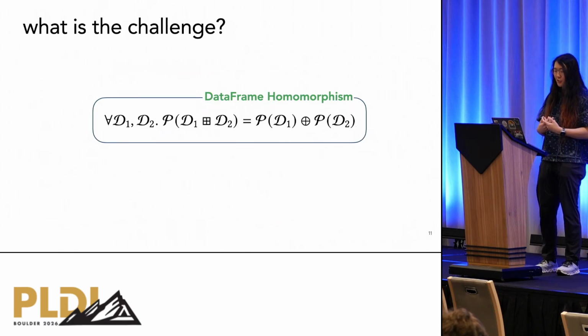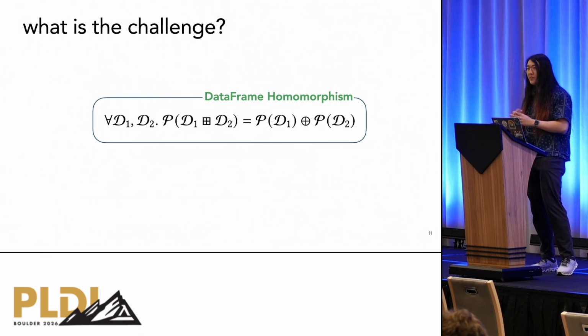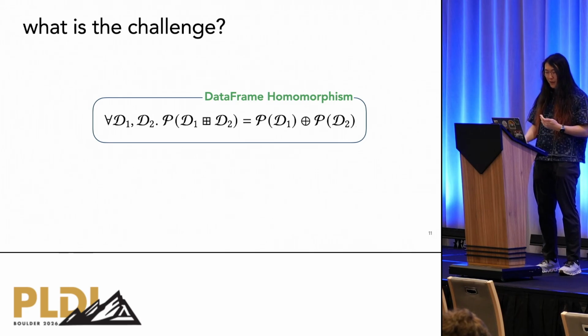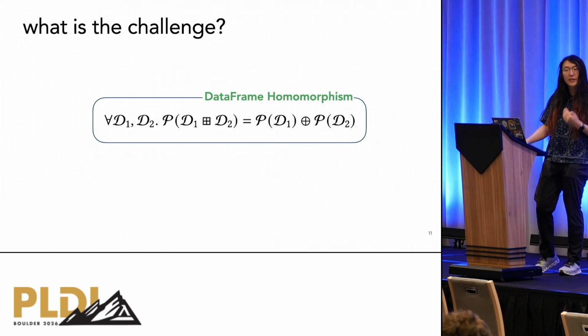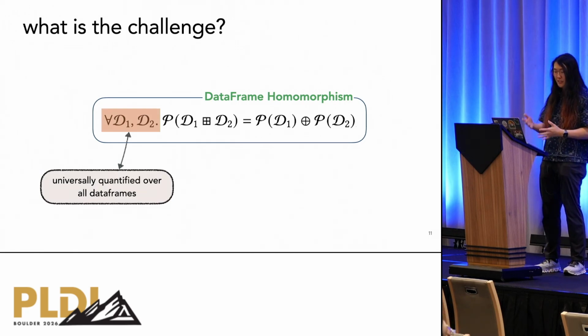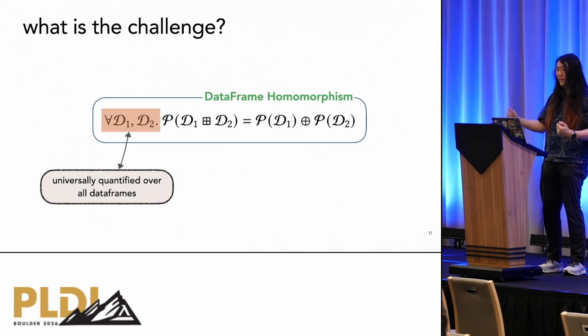So what are the challenges here? Well, to synthesize merge, we need to first verify correctness given a merge function. Let me tell you, this is a challenging relational verification problem for the following reasons. First, this property as a specification involves universal quantification over all data frames.